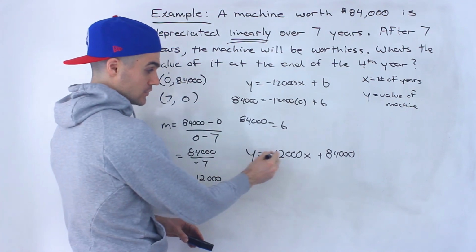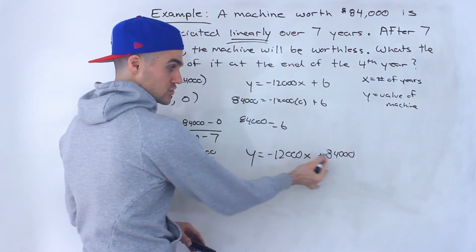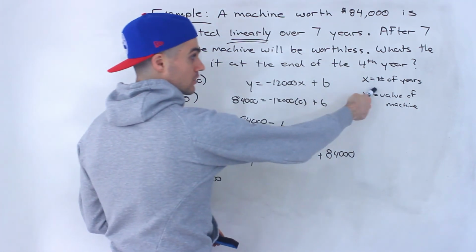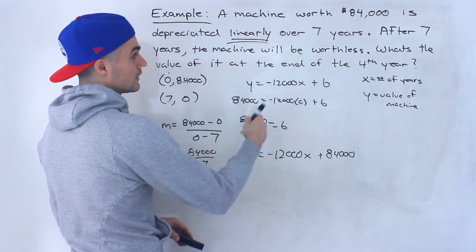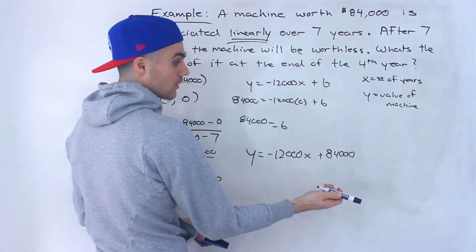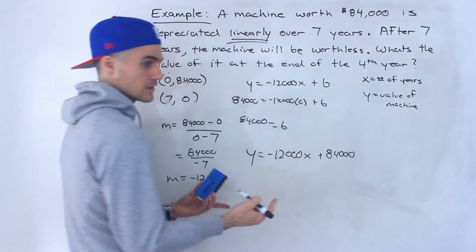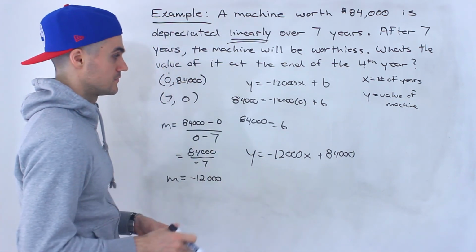So this is the equation for the value of a machine after a certain number of years. If we wanted it after 4 years, we just plug in 4 for x, and then we end up getting that 36,000, right?